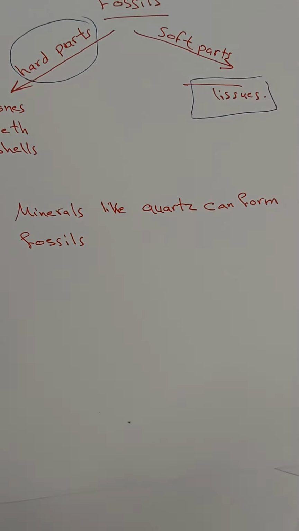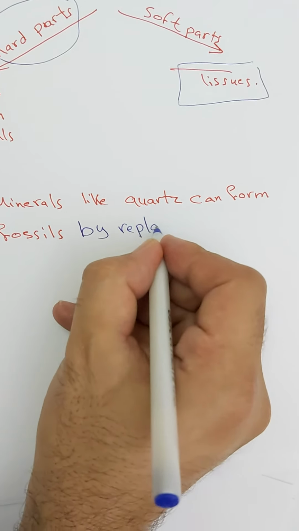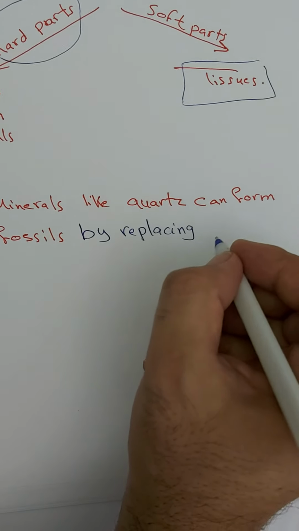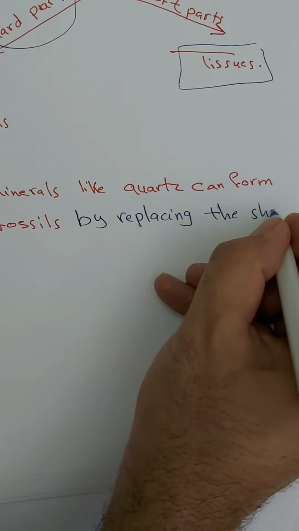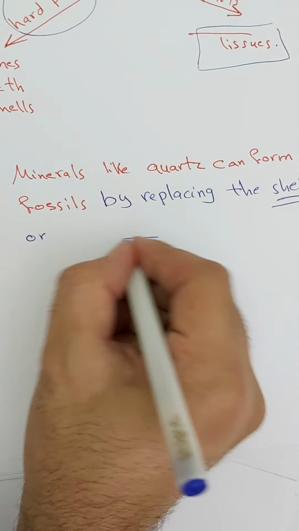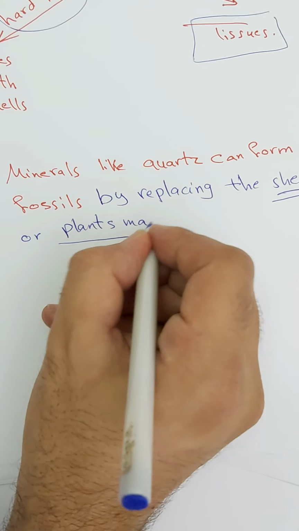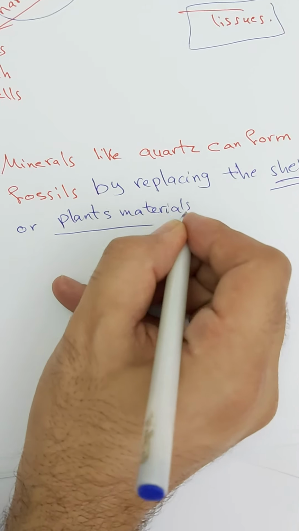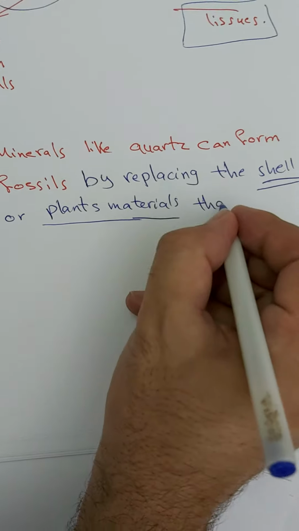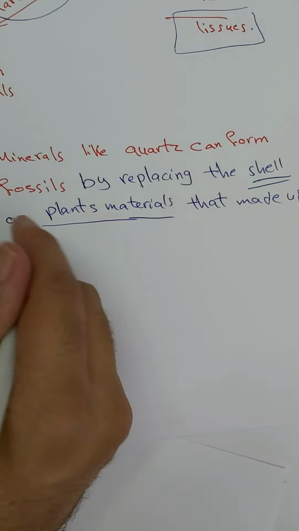How can they make fossils? By replacing the shell, this is, or the plant's material, these materials that made up the organism.